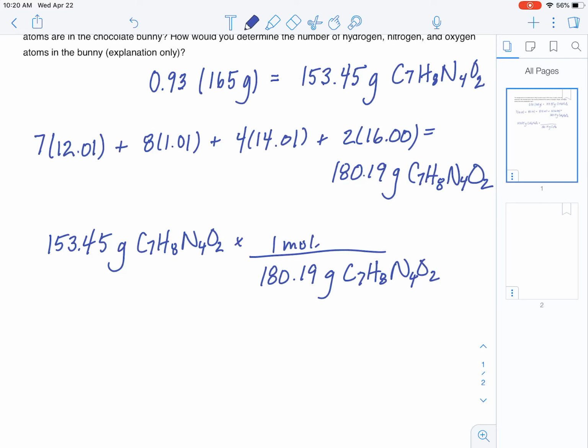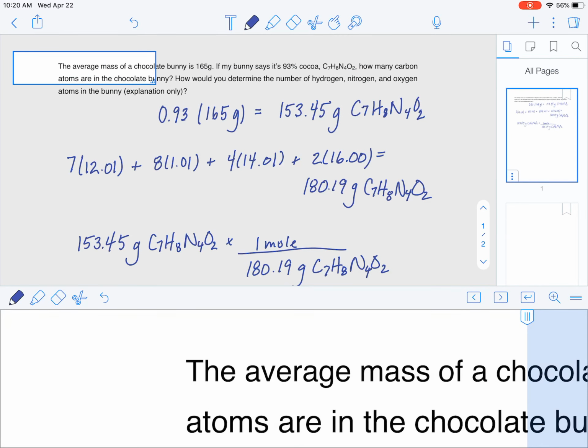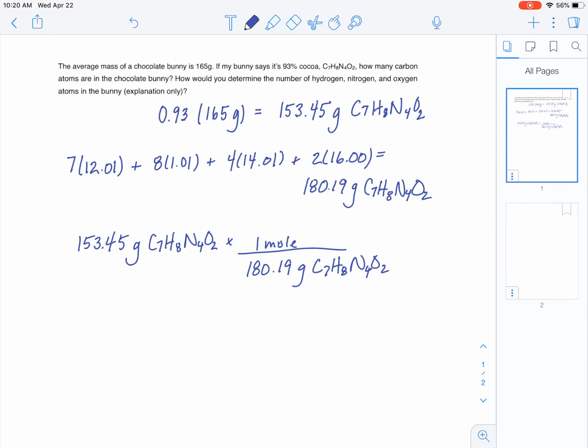So for every 1 mole of cocoa, it is 180.19 grams.